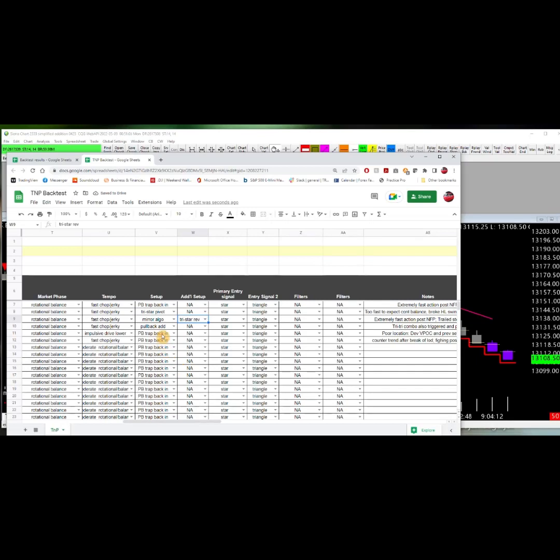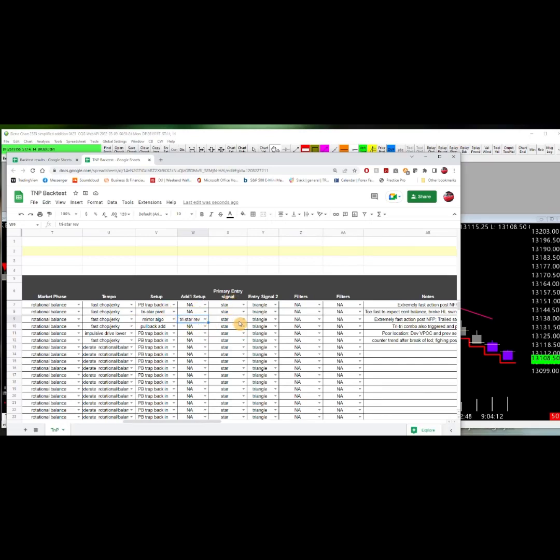And the entry is on the star in both of those cases. So I want to know that they both triggered here so that if I filter this later, I'm going to catch both. Like if I filtered for trades that triggered as a mirror algo, I want to see it. And if I filter as trades that set up as triangle star, I want it to show that too. So that's why I'm putting it there.